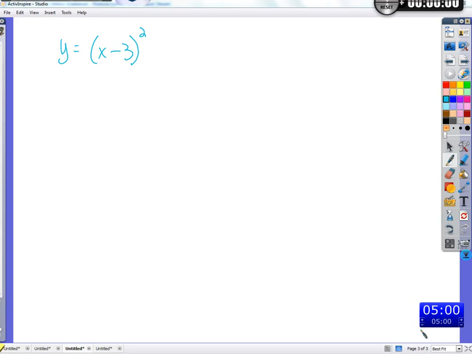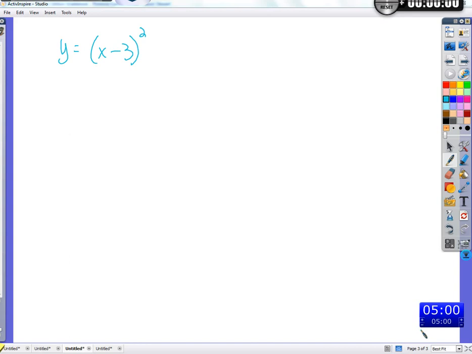We're going to do this with lots of functions: the absolute value function, exponential functions and logarithmic functions, quadratic functions, cubic functions, all the functions. We take them and put them through these shifts and these changes of steepness and flipping them upside down. It's all the same. Everything is repeated over again and we get to a new function.